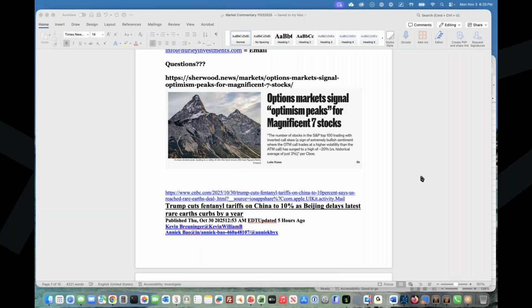So if you owned Meta, Mod, if you owned Meta, you may have had protection on. I'm not sure because I didn't trade that in my accounts that I manage. But if you were in these debit spreads, you were protected in the fact that you only had so much money at risk. And so rather than continuing to lose money as it continues to move down, because it dropped about $10 today, rather than continue to hold that position, we're pulling those trades off.